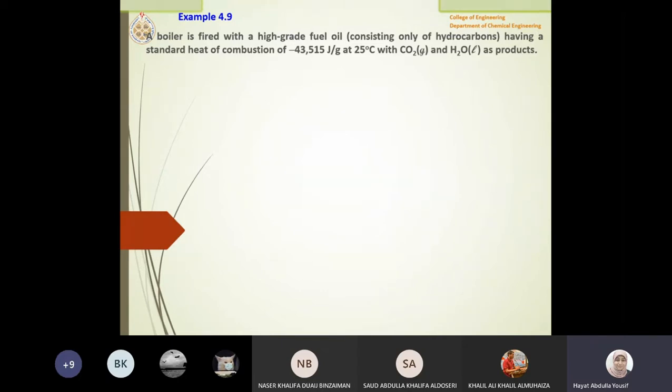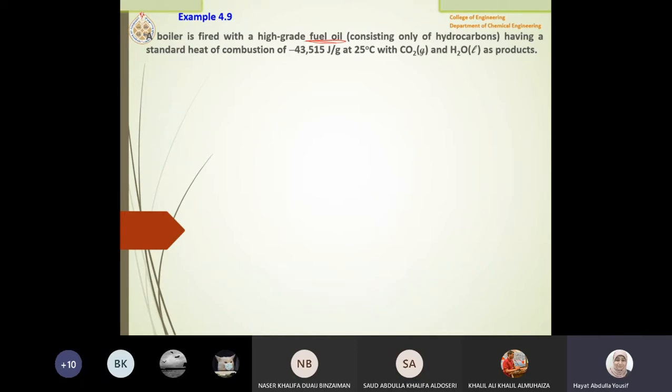For the boiler to be operated, it needs to boil the water, and that needs energy. That's why fuel oil is needed. When it is burned, it will give energy, and that energy will be needed for the boiler. This is the basic idea.